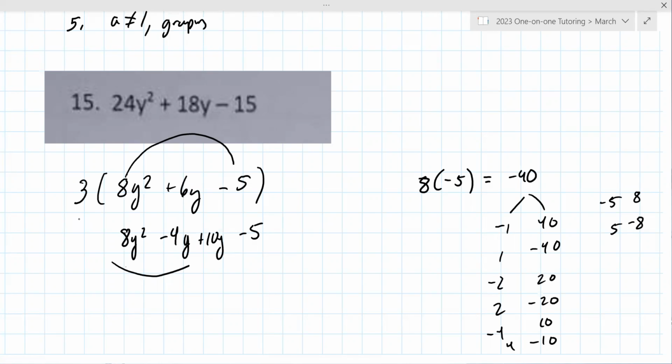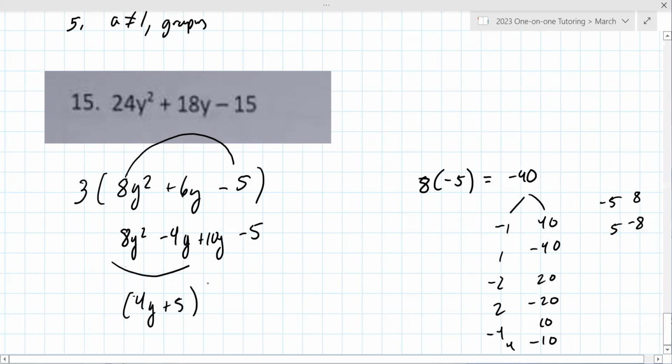I got 4y plus 5 and then 2y minus 1. All right, now let me just quickly FOIL this and see if that works out. 8y squared, that works, minus 5. And then we've got minus 4y. That does it. Okay, very good. And then last thing is to bring the 3 down.